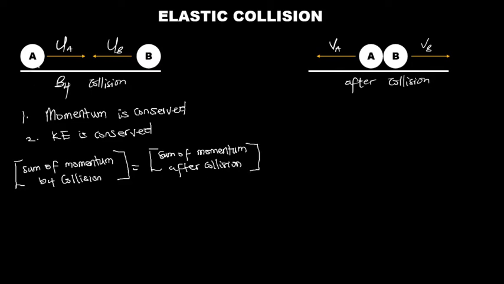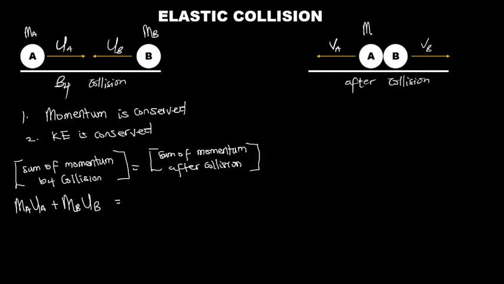Now if we look at this body, we have body A, it has a mass of, let's say, MA. This is body B, a mass of what? MB. So the momentum before collision will be what? MA UA plus MB UB. So this is the momentum before collision. Now the momentum after collision will not be over here.